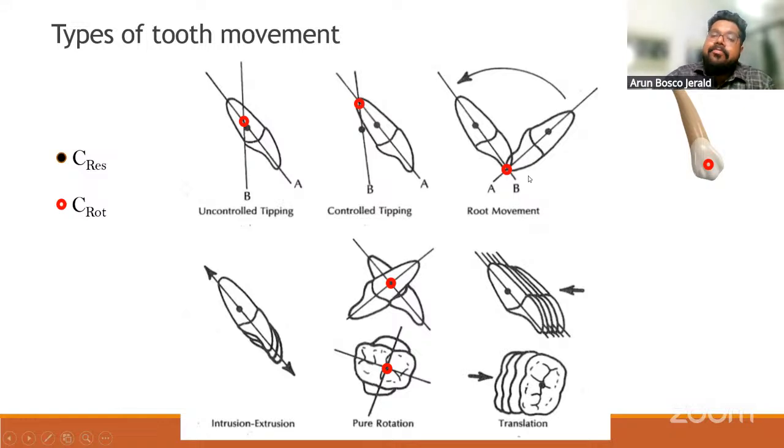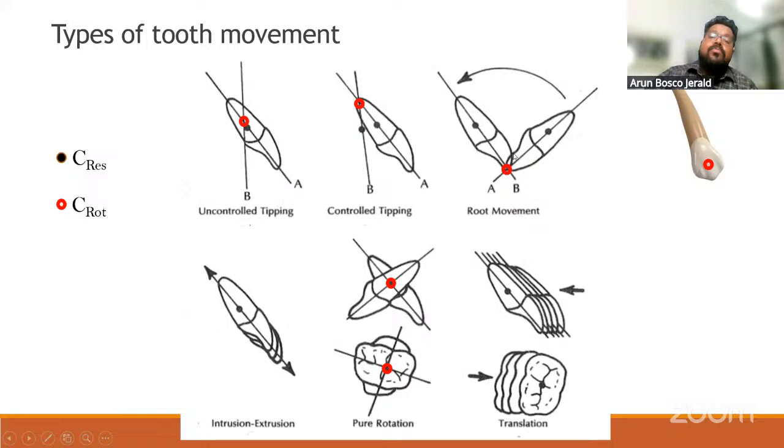Now see the third figure. It is the root movement. See, the tooth is moving from position A, in which the root is labial and the crown is lingual. It is a retroclined tooth or lingually inclined tooth. Now we are moving this tooth to the normal inclination. That means the root will be moving far away and the crown will be maintained here.